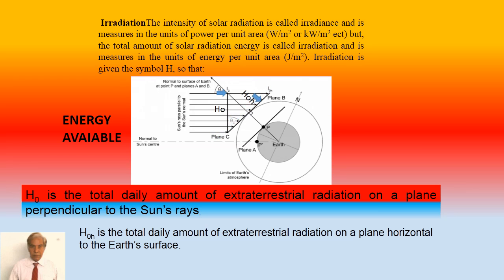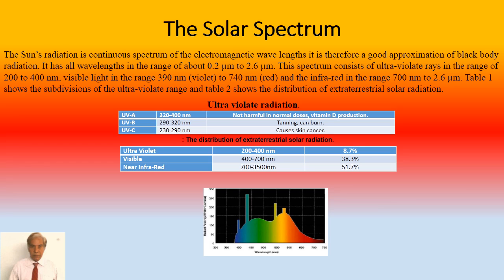H0h is the total daily amount of extraterrestrial radiation on a horizontal plane. The sun's radiation is a continuous spectrum of electromagnetic waves. It is therefore a good approximation of black body radiation. It has all the wavelengths in the range of 0.2 micrometer to 2.6 micrometer.